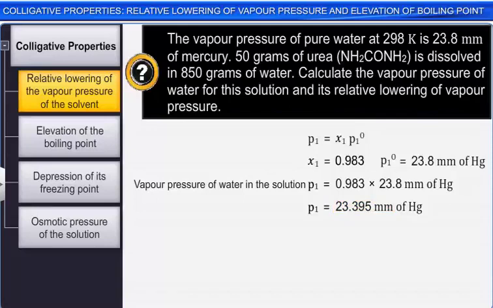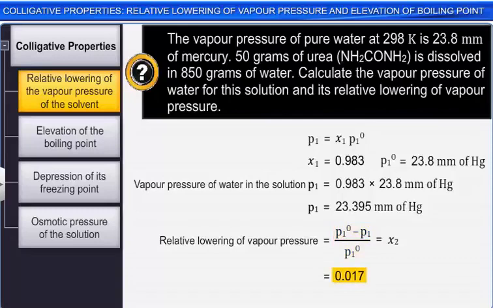Relative lowering can be calculated using the expression derived earlier. Substituting for P1⁰ in the expression, and on solving, we get the relative lowering in vapor pressure as 0.017, which is the same as the mole fraction of the solute. That is, 1 − 0.983 is equal to 0.017.